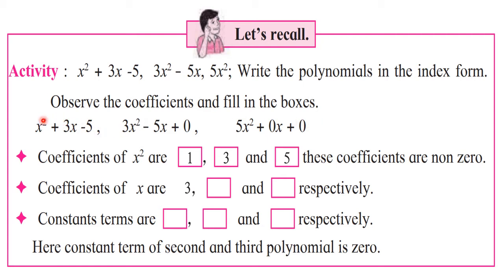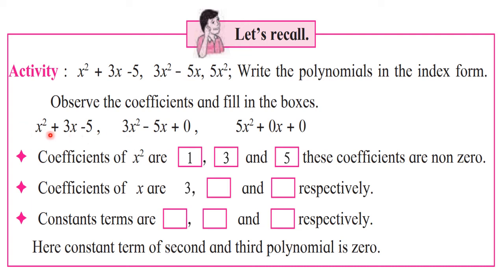Now they have told us to observe the coefficients and fill in the boxes. They have asked for the coefficients of x square. For x square it is 1 in the first polynomial, 3 in the second, and 5 in the third. So the coefficients of x square are 1, 3 and 5.